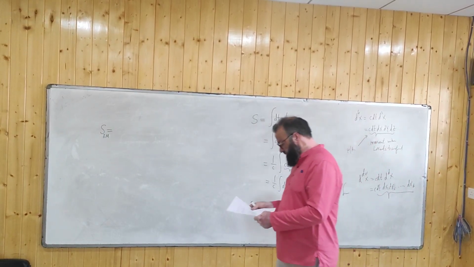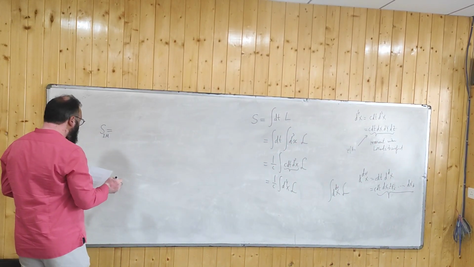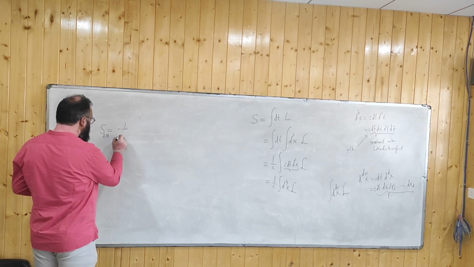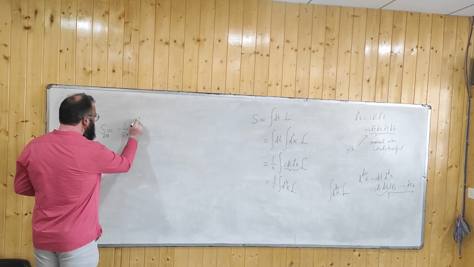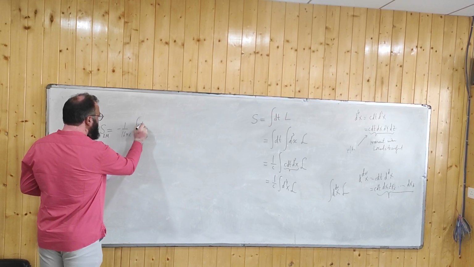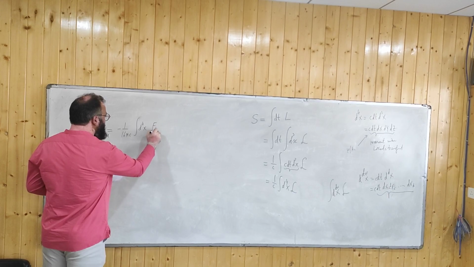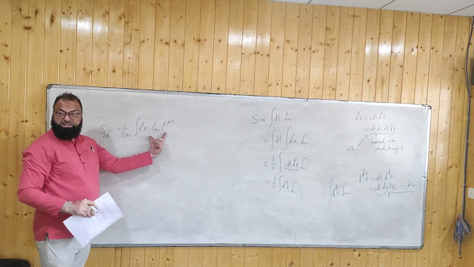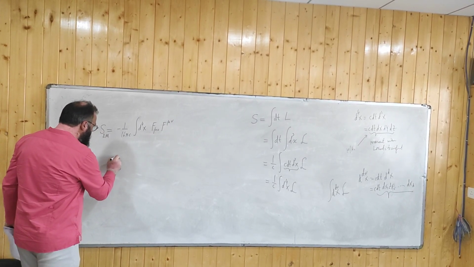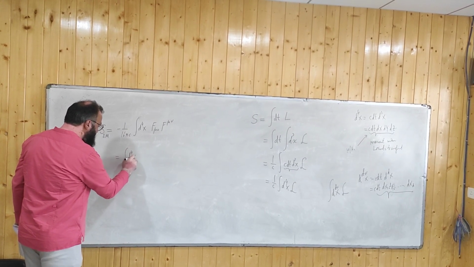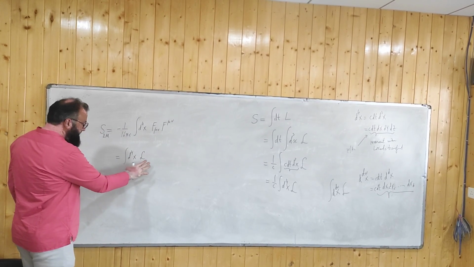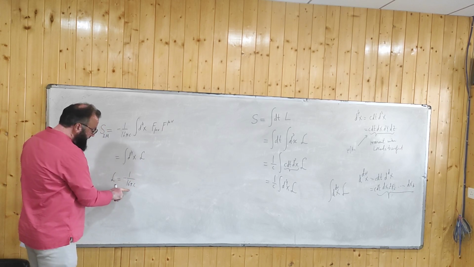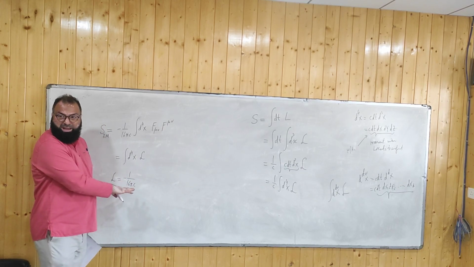I write it as the integral over volume d4x of minus 1 by 16 pi c, times F mu nu F mu nu. What is our Lagrangian density here? The Lagrangian density here is minus 1 by 16 pi c F mu nu F mu nu. These factors are simply to match the units.